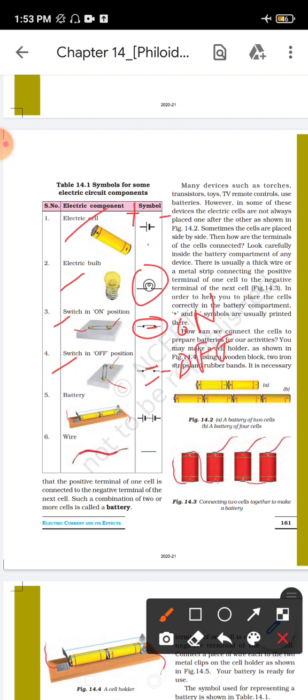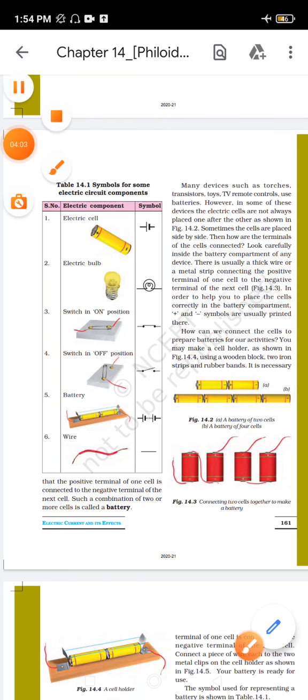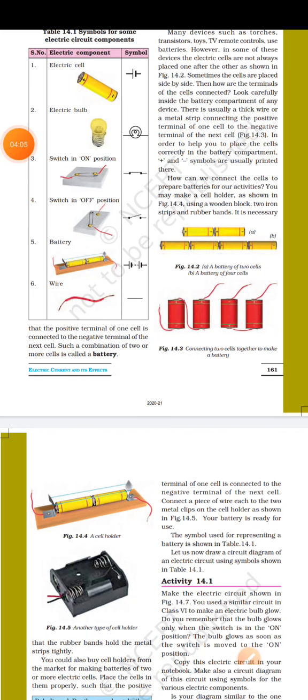Okay, next is battery. As you can see, the battery consists of more than one cell. Okay, so this is the symbol of battery, this is the symbol of wire. Okay, so the combination of two or more cells is known as battery.